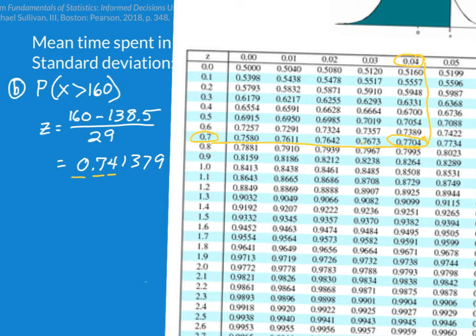So we have the area for the z-score of 0.74. I'm sorry, for some reason I'm reverting to cursive tonight. So that area is 0.7704. We are now done with the chart for the moment.